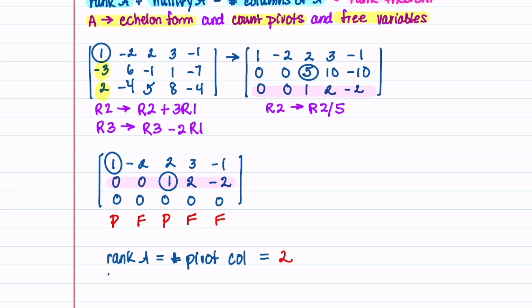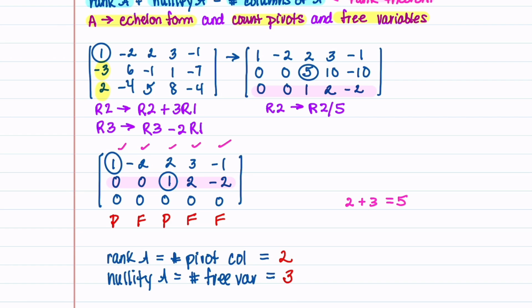And then the nullity of A is the number of non-pivot columns or the number of free variables, and that is equal to 3. And just to make sure, a built-in check is that 2 plus 3 is equal to 5, and we have 5 columns. So we know we've done the problem right.